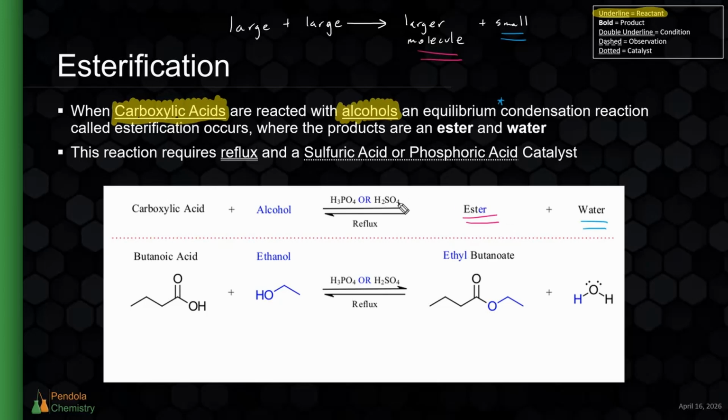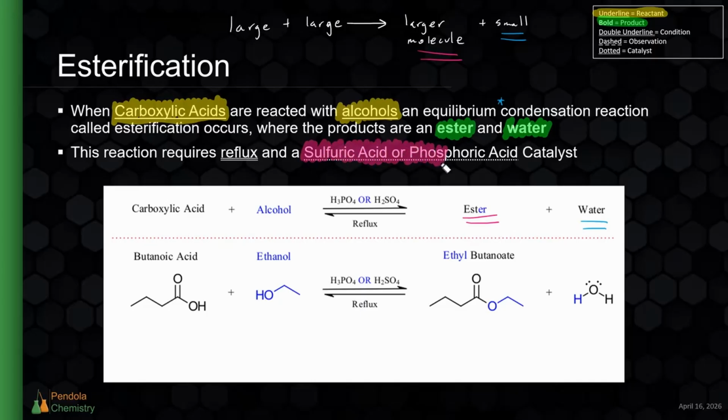Esterification is this particular condensation reaction. And why do we call it esterification? Well, that one's very straightforward. Whenever we react a carboxylic acid with an alcohol, it creates an ester apart from that water as well. That ester is why this process is called esterification. Now, the reaction does require some special catalyst and conditions. The catalyst for this reaction is either sulfuric acid or phosphoric acid.